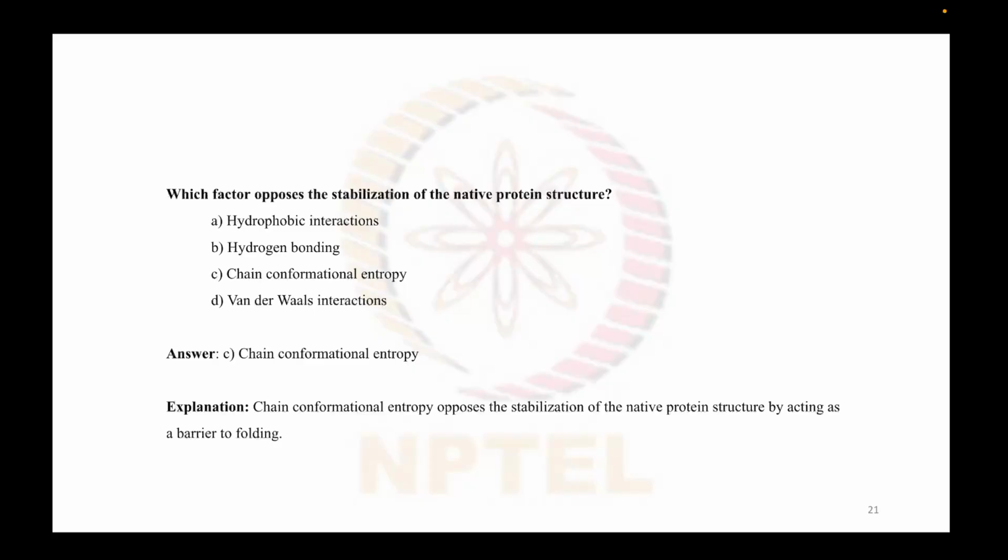So overall, the balance between the forces promoting folding and opposing folding is the overall protein stability value.